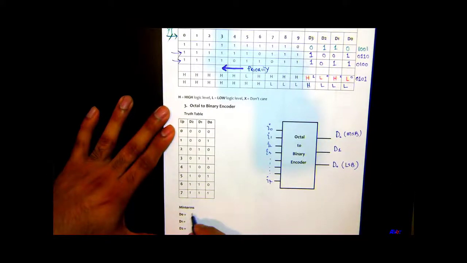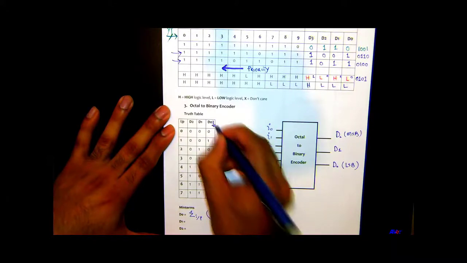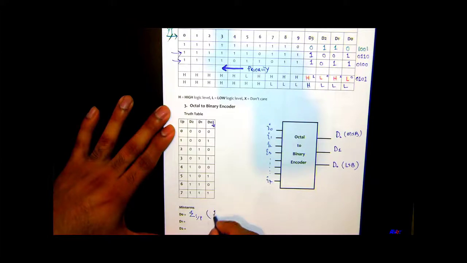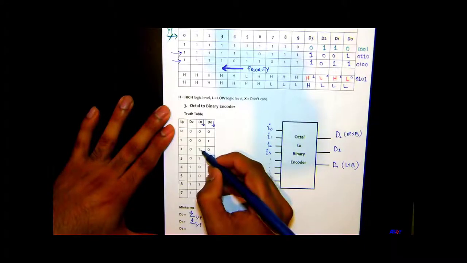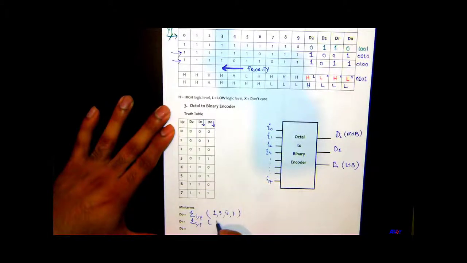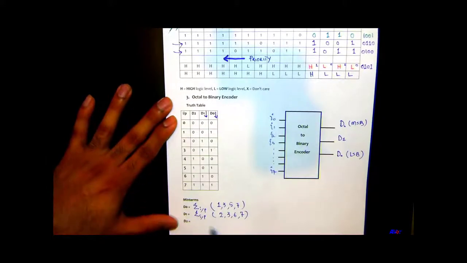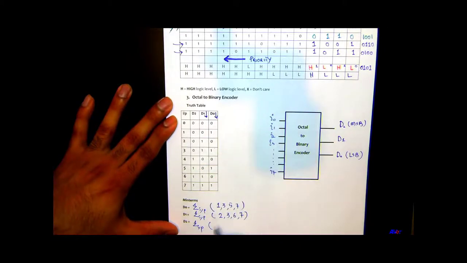Okay, and looking at the min terms here, for D0, we look at this 1, 3, 5, 7, and then for D1, we look at this column right here. So we got 2, 3, 6, and 7. And then D2 is basically 4, 5, 6, 7. Okay.